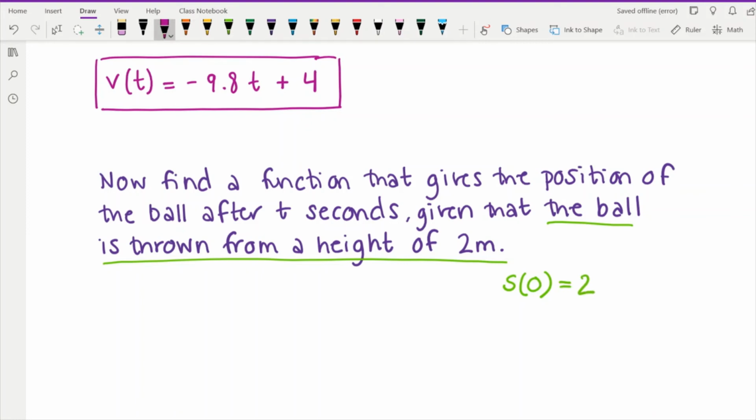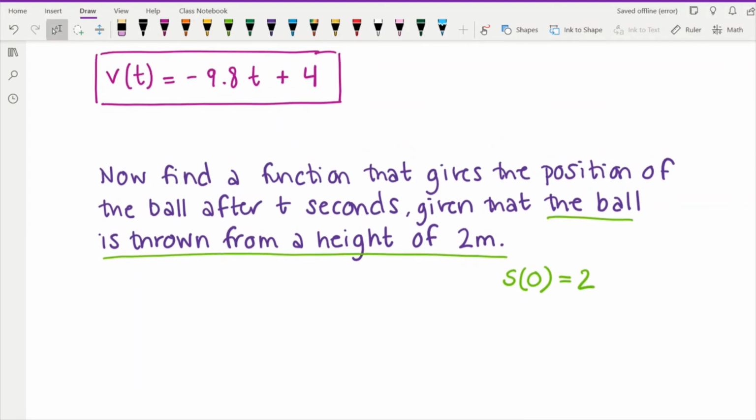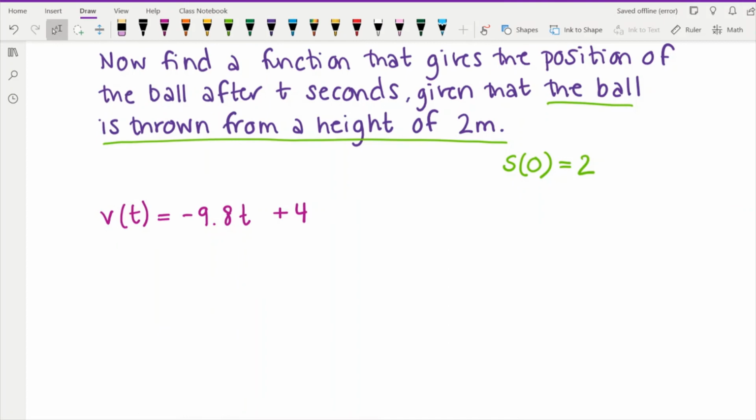Okay, so let's now use our velocity function to find the position function. If our velocity function is negative 9.8 t plus 4, we have to find the antiderivative to find our position function. And so our position function is going to be negative 9.8 times, so the antiderivative of t would be 1/2 t squared.